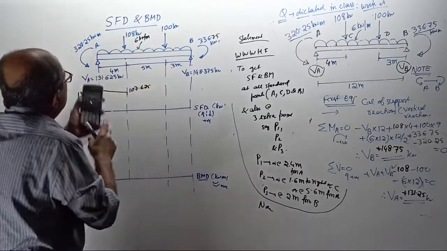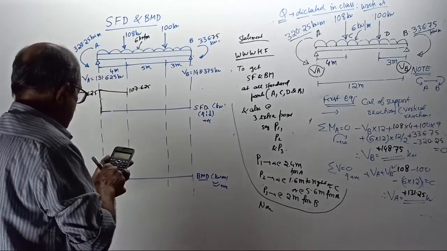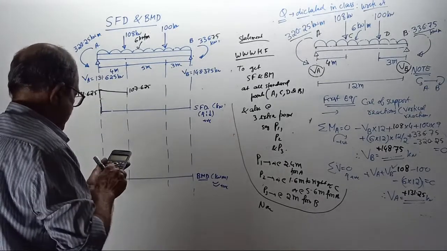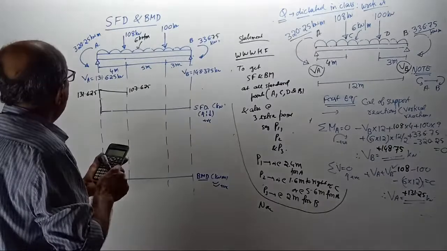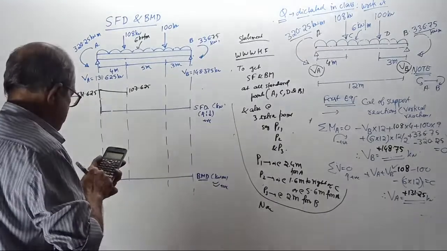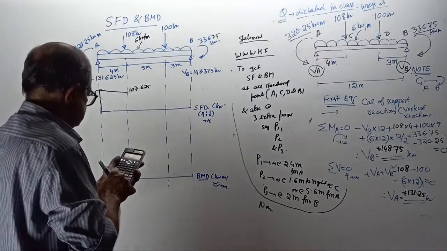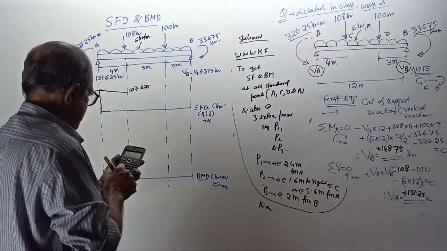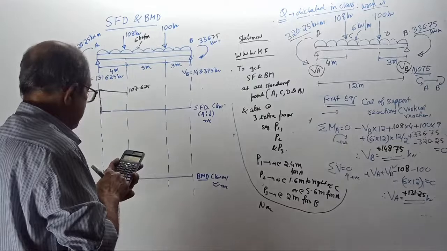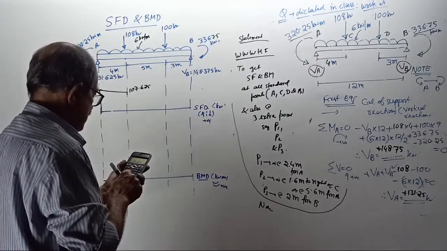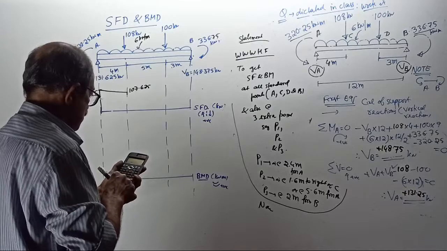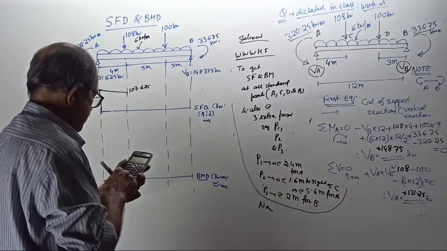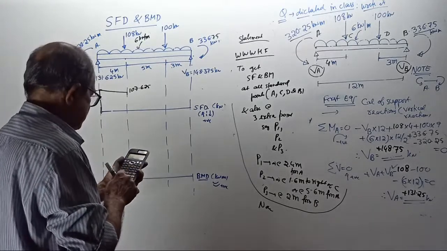4, 3, 5. I think, 108 into 4 into 8 square plus 100 into 9 into 3 square divided by 12 square plus 6 into 12 square divided by 12. 320.25 is correct. 100 into 3 into 9 square plus 108 into 8 into 4 square divided by 12 square, plus 6 into 12 square divided by 12 equals 336.75.